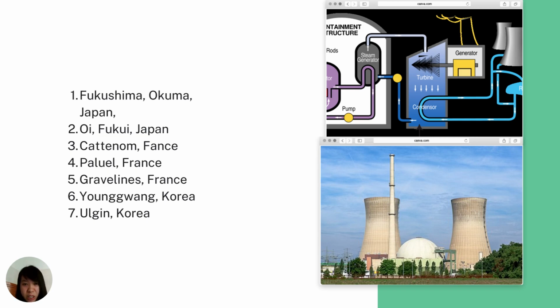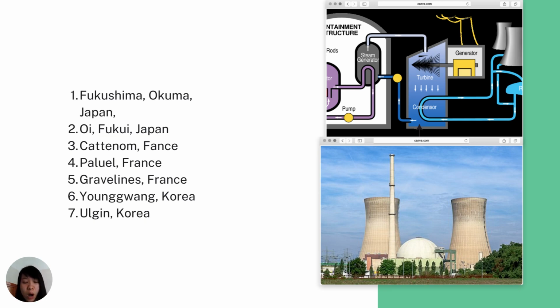Uranium will react in here. After the reaction, the heat will be created and it will pump into the steam generator.